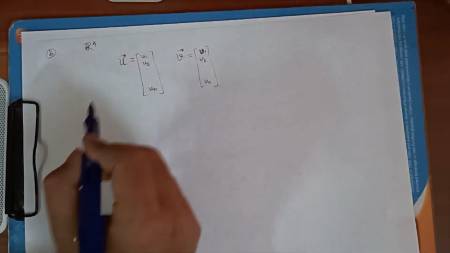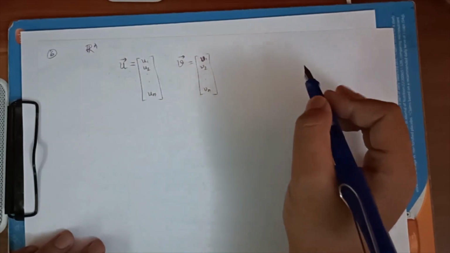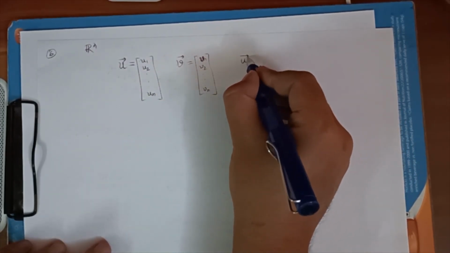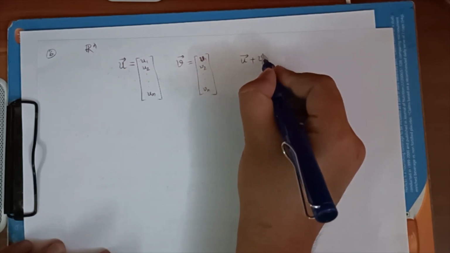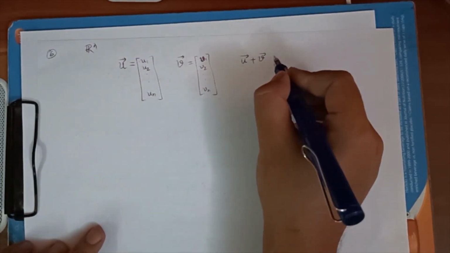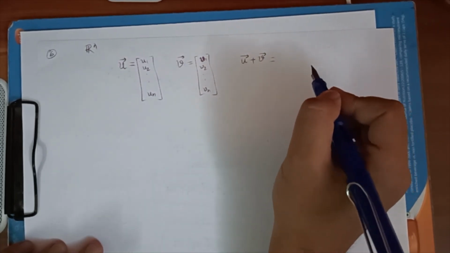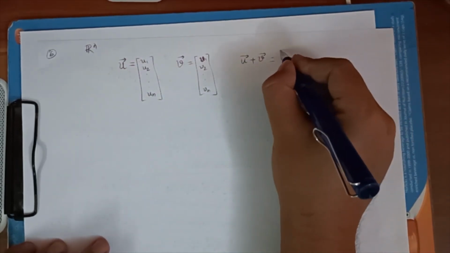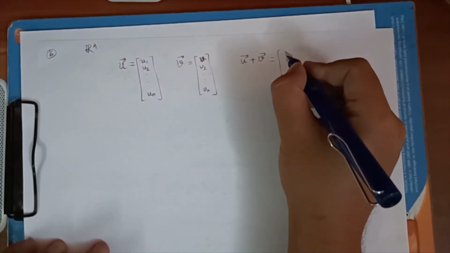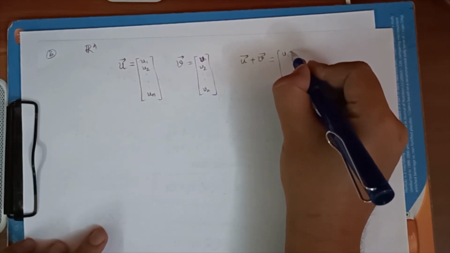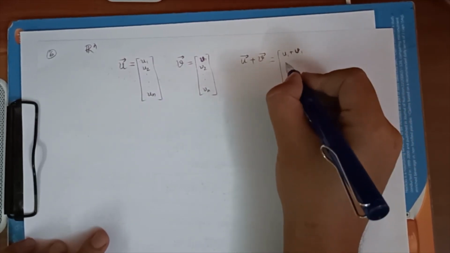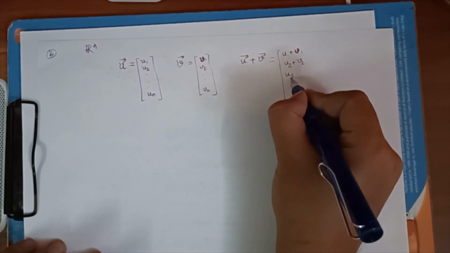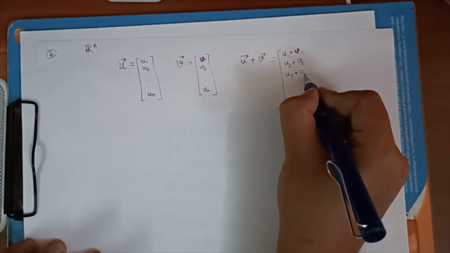So with this, we can do usual vector space operations. Suppose I want to add these two vectors, U plus V. That will be another vector. We don't have to go to the vector space for the geometry. From this algebraic or coordinate notation, we can straight away write down the sum of the vectors. The sum will be U1 plus V1, U2 plus V2, so it is like coordinate-wise addition, right?